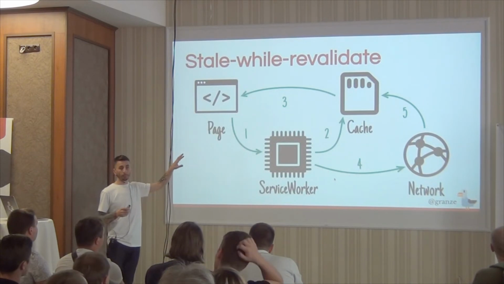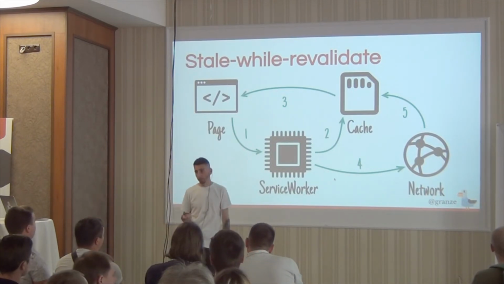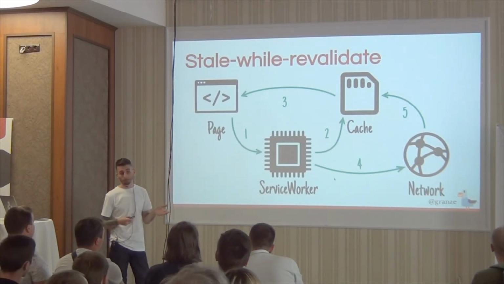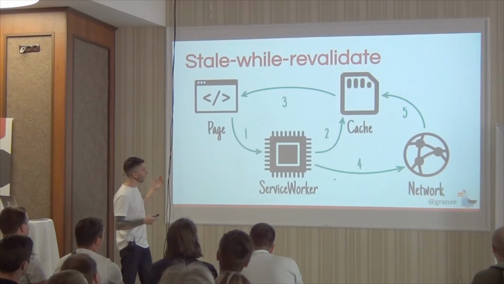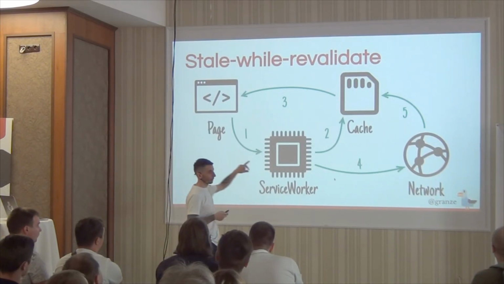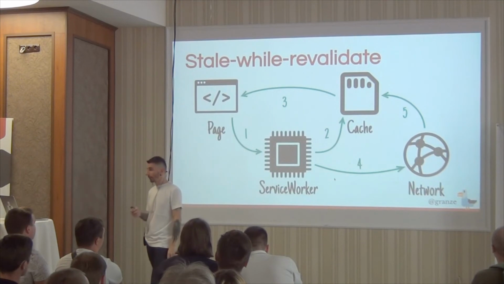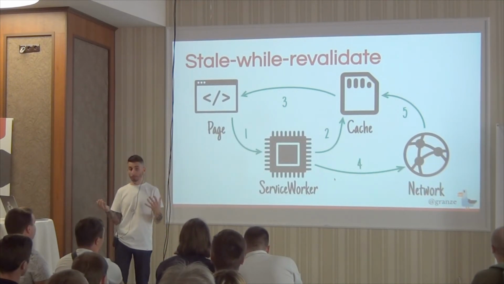This is because the next time my user lands on my website or in my app, he will get the new stuff. But I can do more, because once my cache is updated and I have the payload from the network, I can decide what to do with these things, because I have the new resources, they are there.